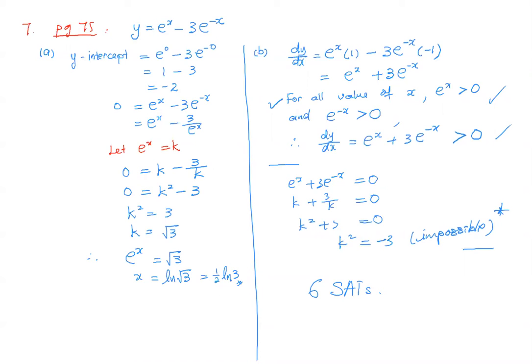You understand or not? This is just one part of it, so don't make that kind of conclusion. So after that, say, Miss Do, wow, Miss Do very strict. No. You got 6 SATs, remember that.